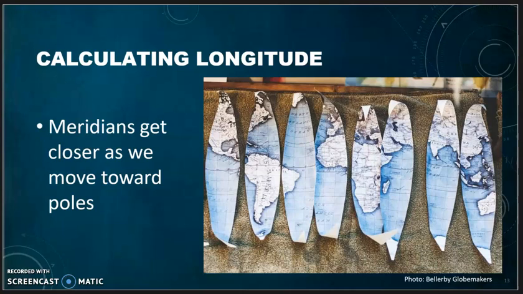Calculating longitude is a little bit different. It's not as straightforward because, as we know, the meridians get closer as we move towards the poles. The meridians are really close together at the poles, then they spread out and get wider towards the equator, and then they come back down and get closer towards the South Pole as well.